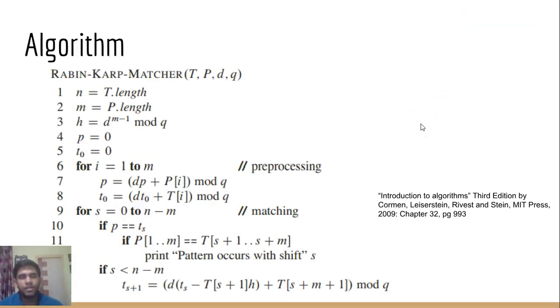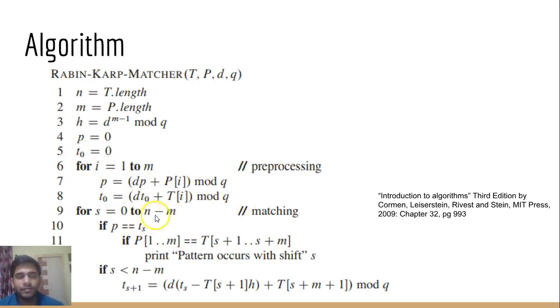Let's have one formal look at the algorithm itself. So we'll start with defining N and M as the lengths of T and P respectively. We say D is the arity of the alphabet set. Consider it to be 10 in our example, and that will help you understand the algorithm better. We save D to the power m minus 1 mod Q in the value of H, and then we initialize T0 and P0 with 0. This is part of pre-processing where we calculate P and T0 using these two simple equations that we did a few slides back.